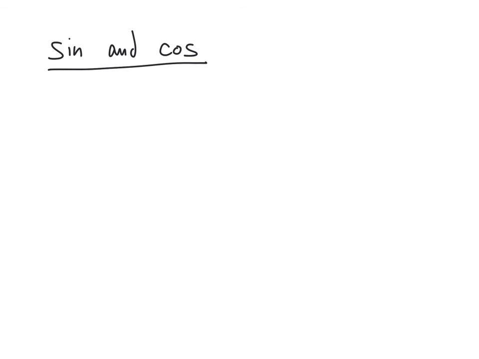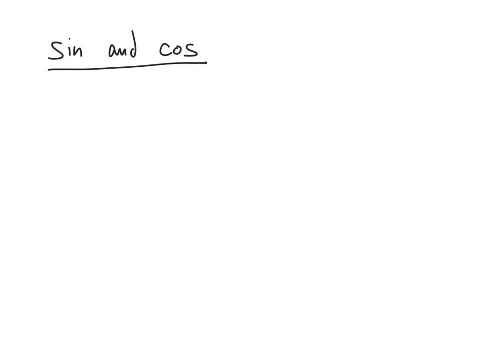The last rules for this lesson concern sine and cosine. And just as the exponential function offered something truly surprising and amazing, namely that e to the x is its own derivative, something similar happens between sine and cosine.